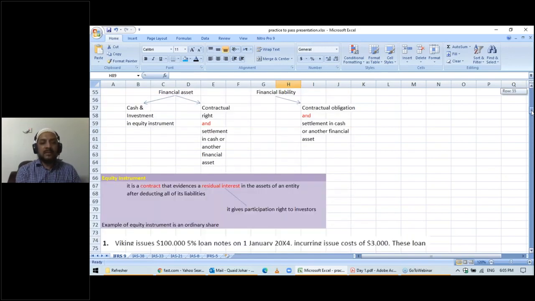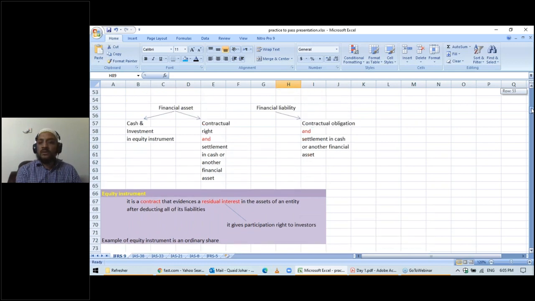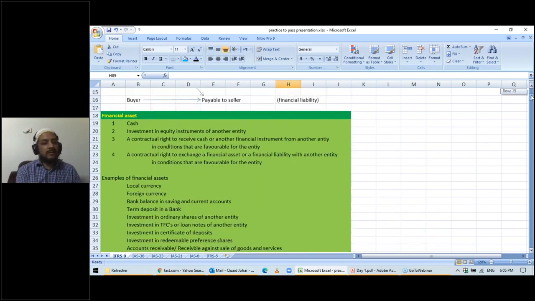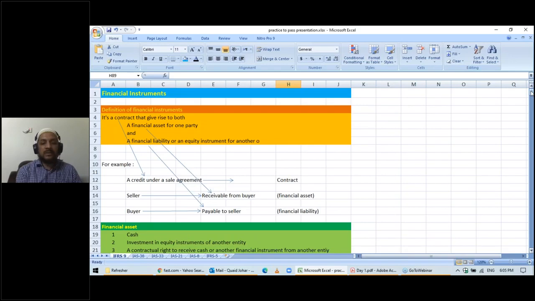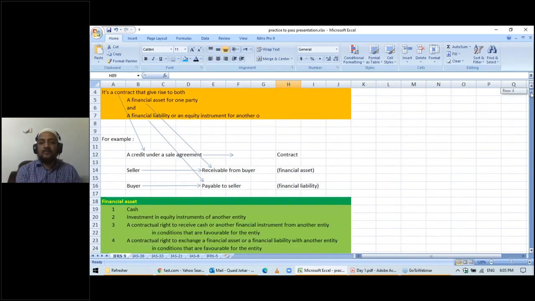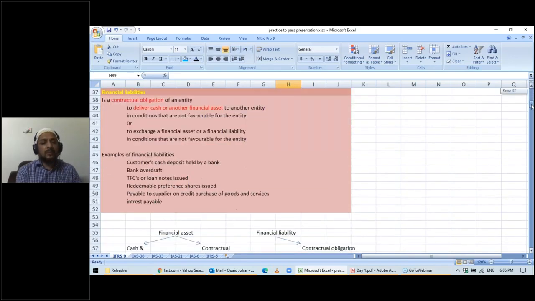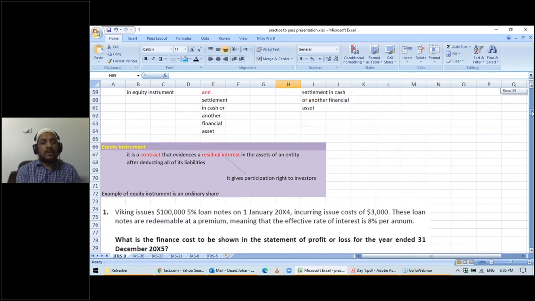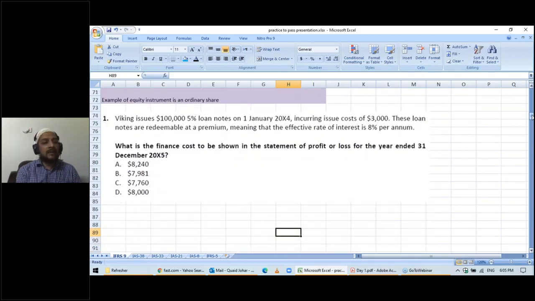Now these are some concepts in the colored blocks which you are seeing right now on this sheet, and then after these blocks are gone, you will be seeing question number 1, Viking issues $100,000 5% loan notes. I will be writing the answers on this Excel sheet only, right?